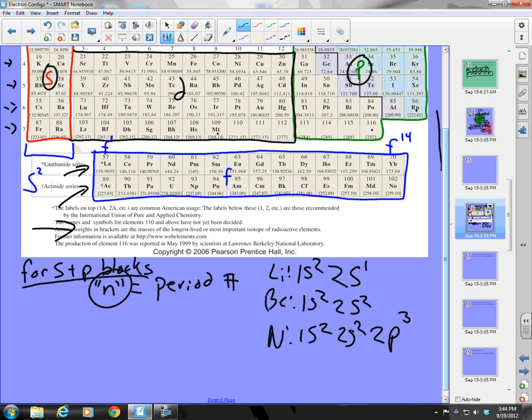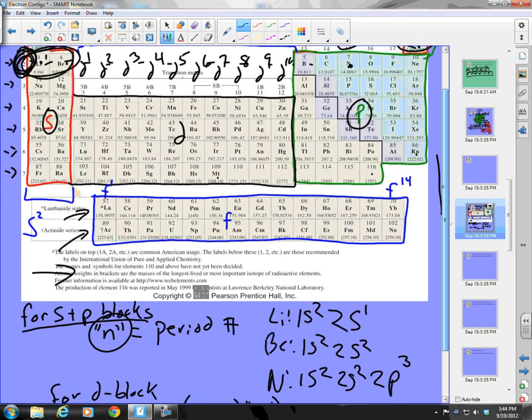Next is my D block. For my D block, I have to say N equals period number -1. Okay, period number -1. So let's go back to our vanadium.